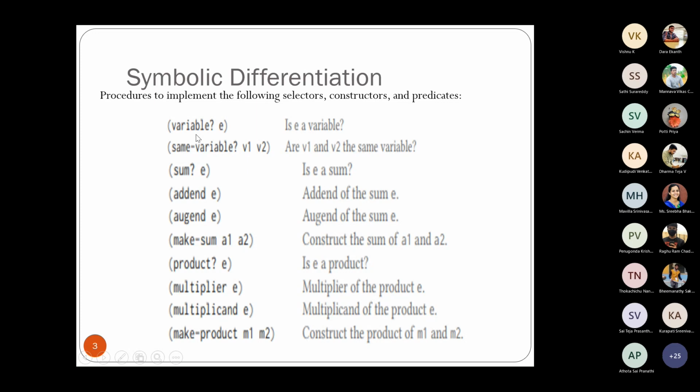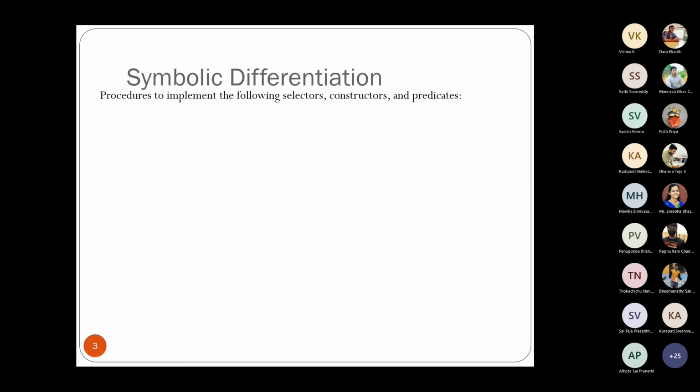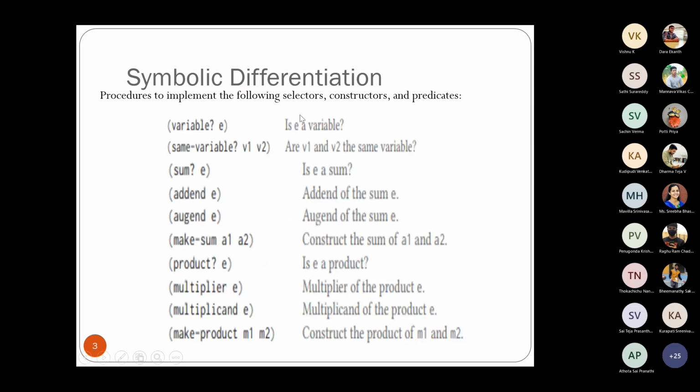If you take the first function, variable question mark e, given the expression, you have to check whether it is a variable or not, right? So where it is required, that is the second argument. If you take the second argument, it should be the variable, isn't it? Right? So I will check whether this is a variable or not. What is meant by variable? Variable means it is a symbol.